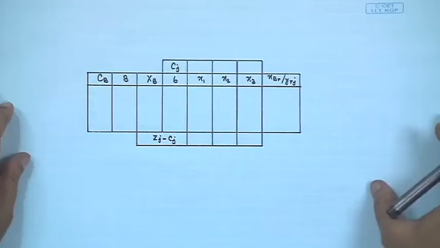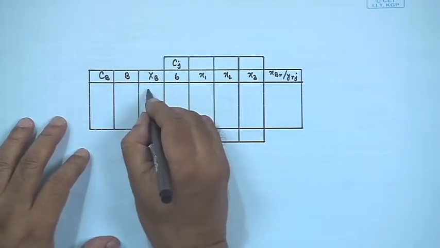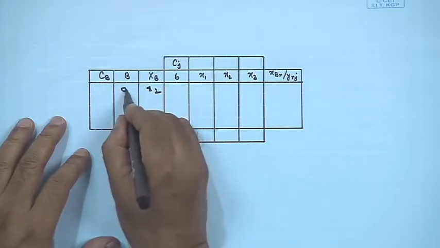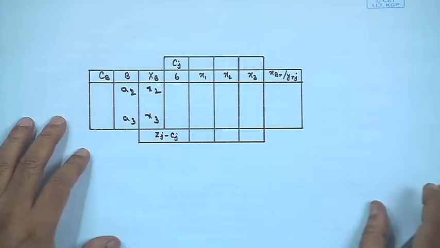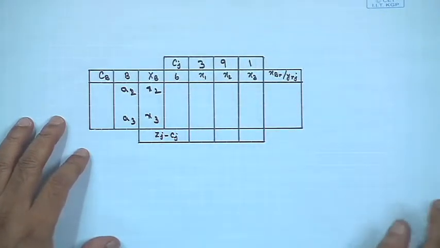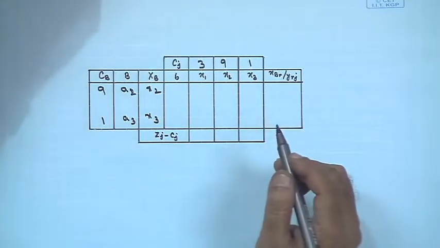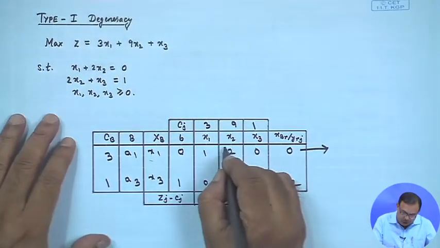In the next table, your xB will be x2 and x3, because x1 is replaced by x2, so you are having a2 and a3. The Cb values remain the same, that is 3, 9 and 1. So, x2 is 9, this is 1. In the earlier table, your pivot element is 2.